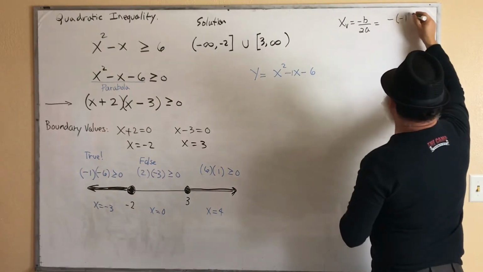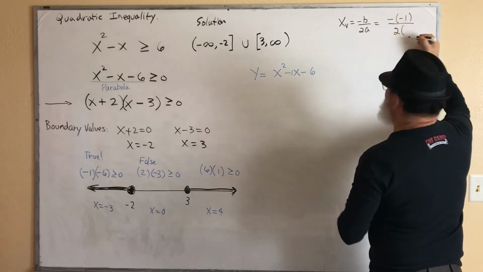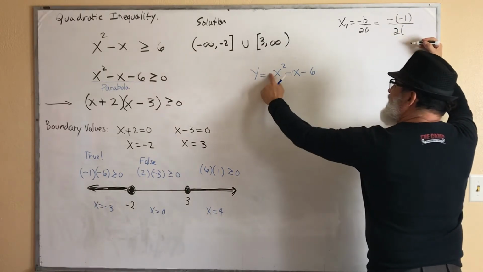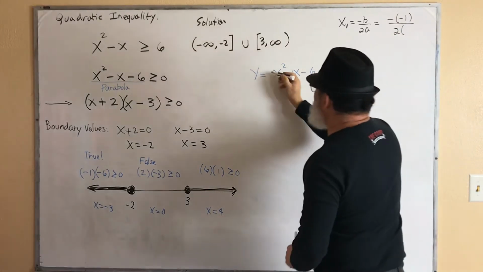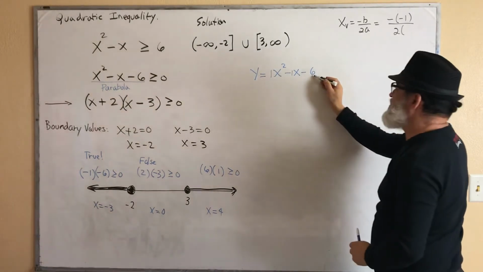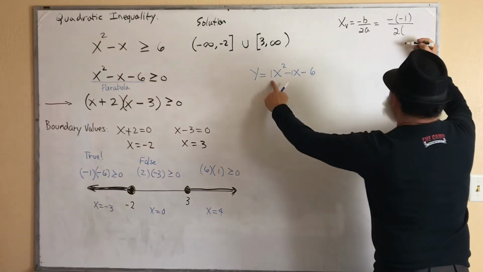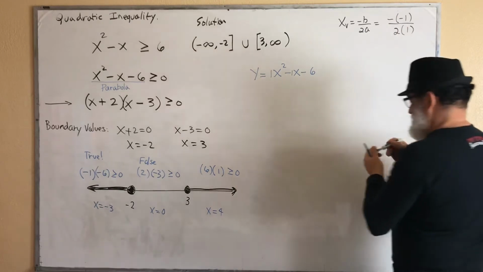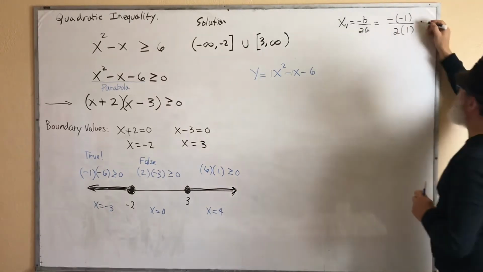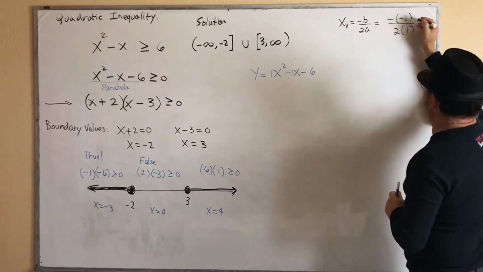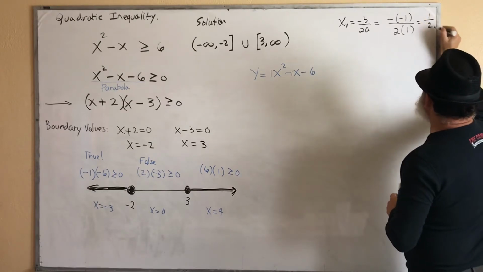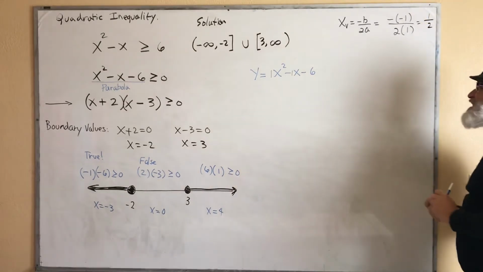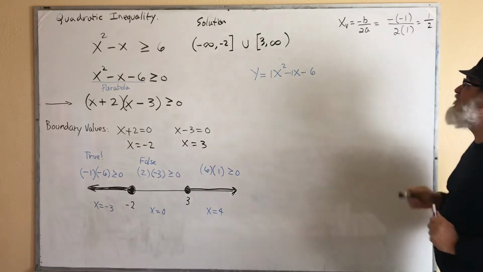Negative 1 over twice times a. What is a? 1. a is 1 right there. And c is negative 6. So therefore, what's negative of negative 1 over 2? That's the x-coordinate of the vertex.